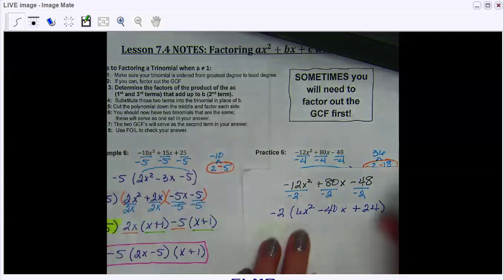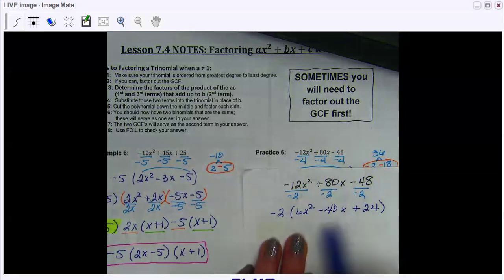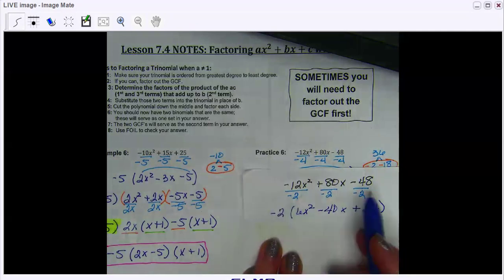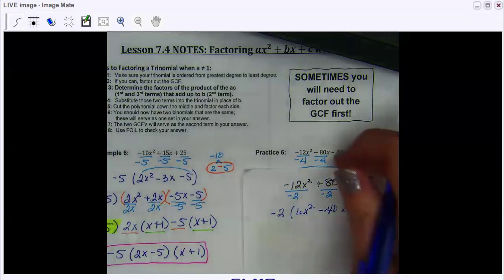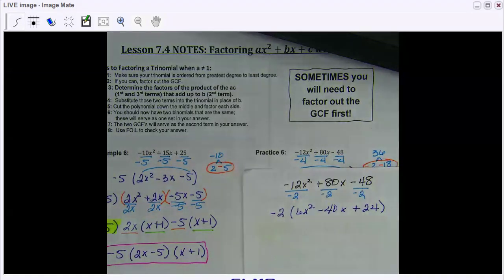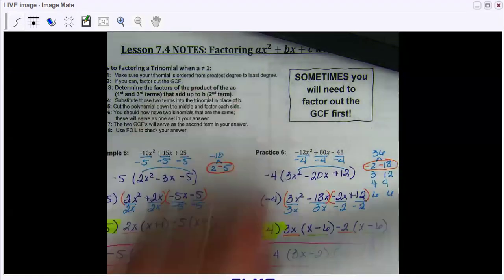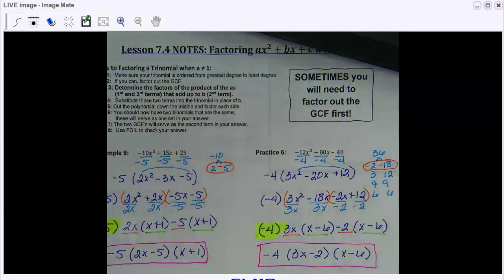And then you realize, oh, I could take out another 2. You can take out another 2 and just multiply that 2 by what you've already done. Or if you get to the end and you realize, oh, I can still factor something out, you can do it at the end as well. You want to try to do it at the beginning to make sure your numbers are a little bit smaller to work with. Anyone still working on example and practice 7?